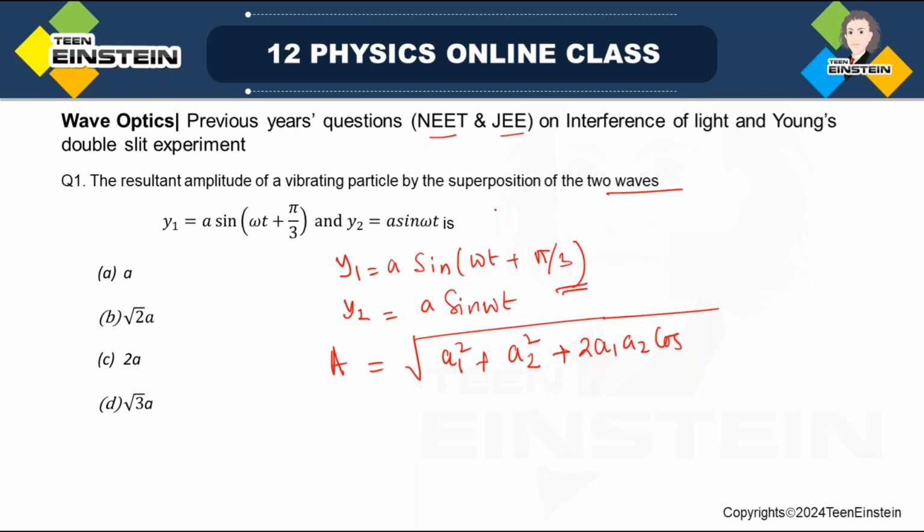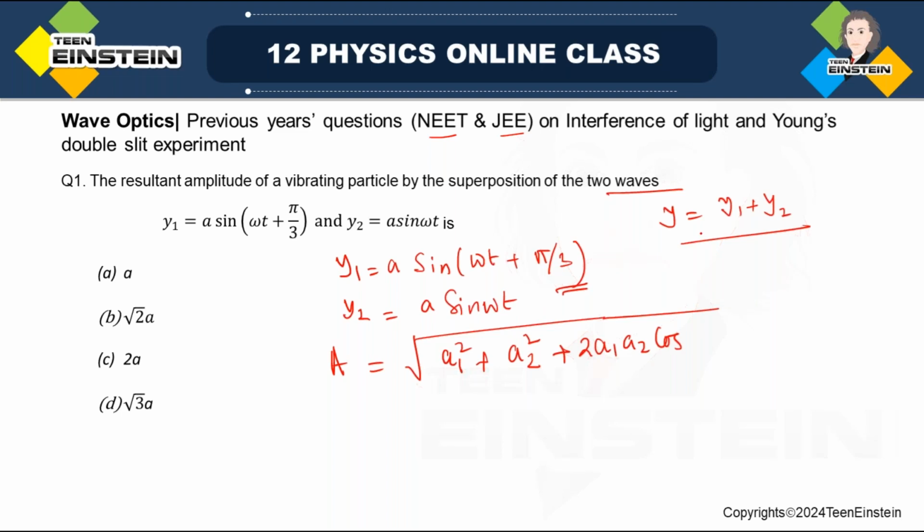So as I was discussing in the previous class, if you have been given two waves, you can just find out the resultant wave first, like y is equal to y1 plus y2, and from there do the simplifications using trigonometric identities and find out the resultant amplitude and hence intensity.